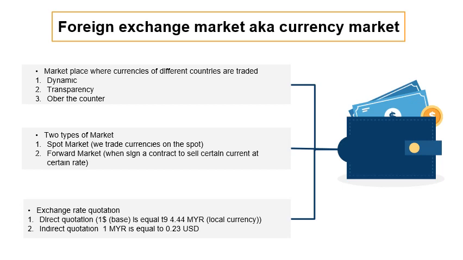The other type is called the indirect quotation, when we compare the local or domestic currency with the base currency, for example, one Malaysian ringgit is equal to 23 cents, 0.23 US dollar.